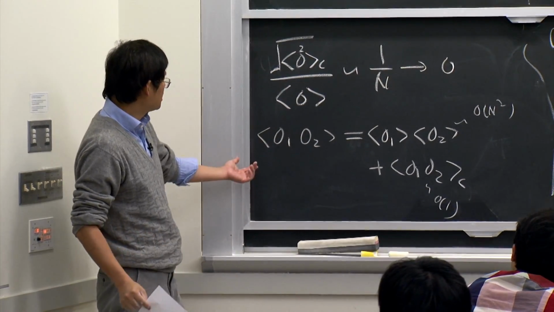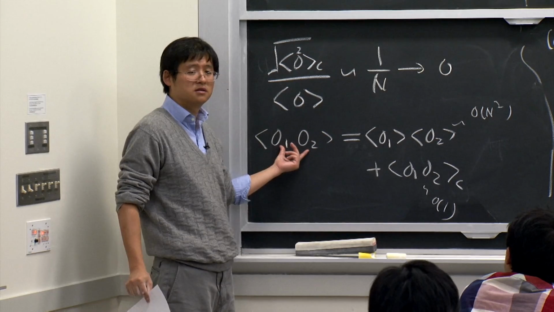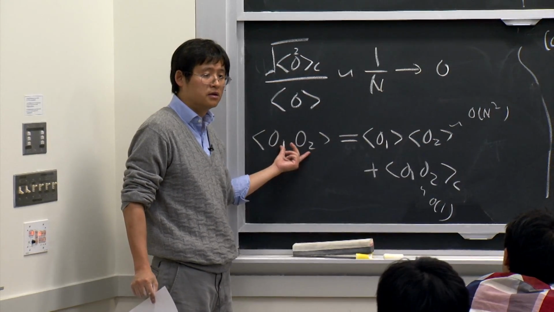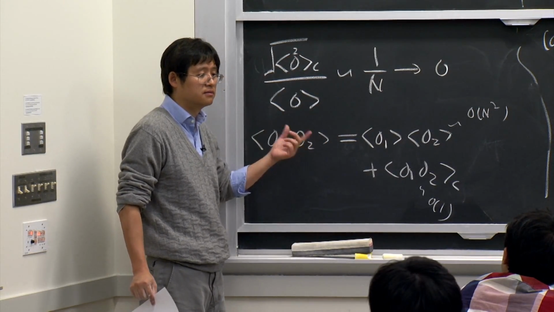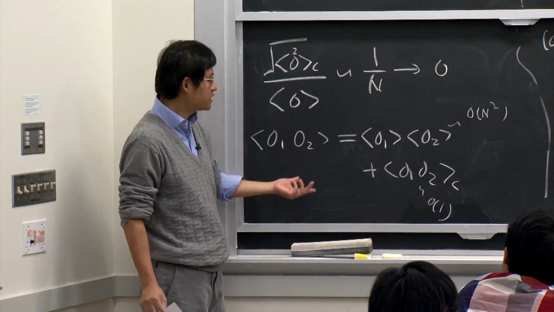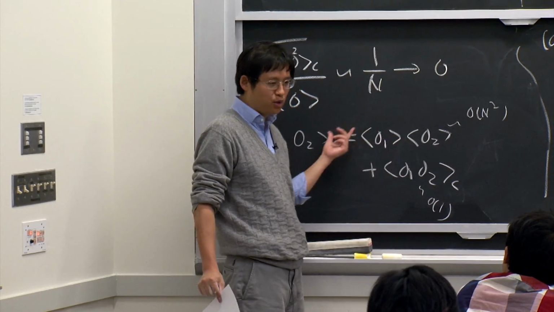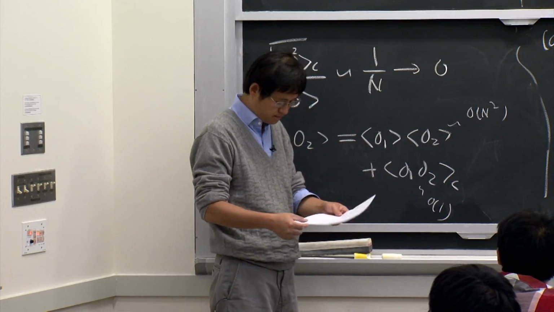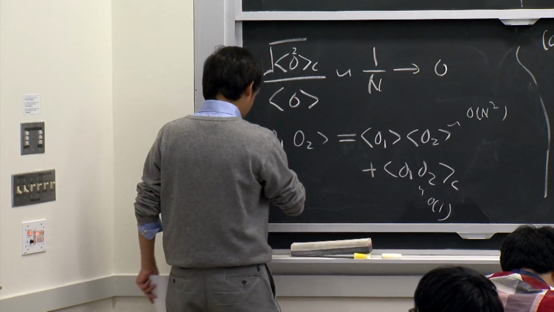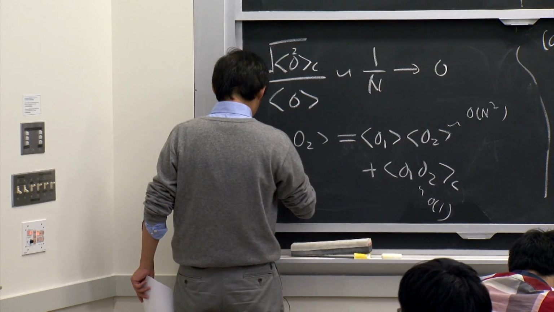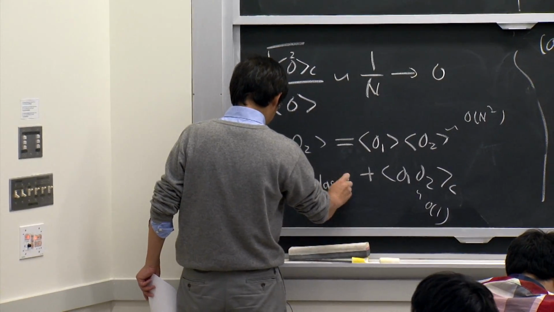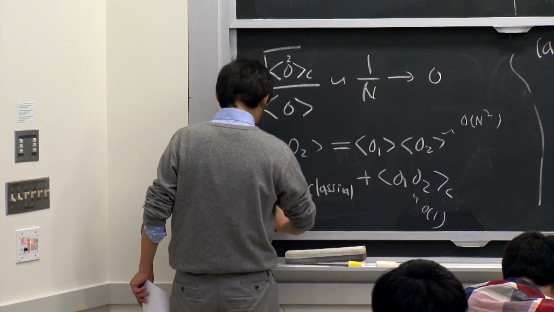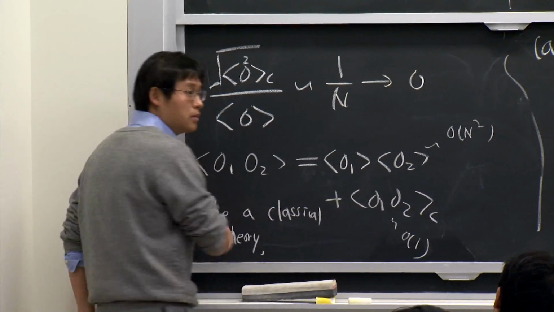So essentially, the disconnected part always factorizes. The connected part is always small compared to the disconnected part. So this is like a classical theory.